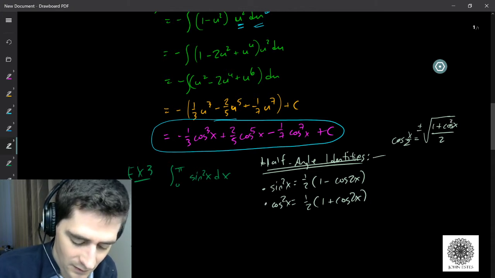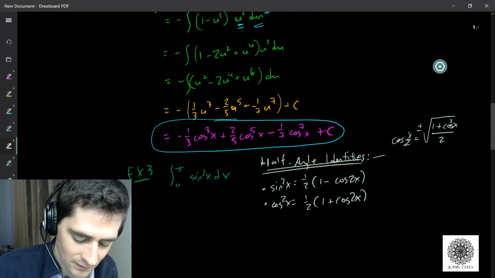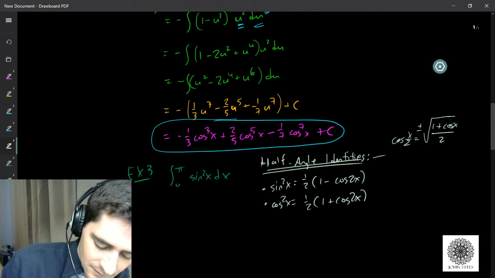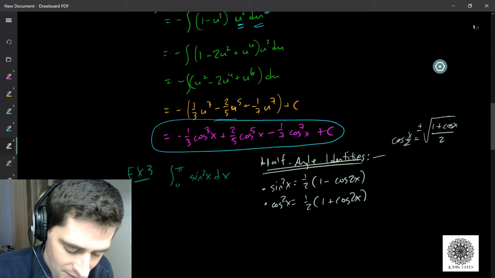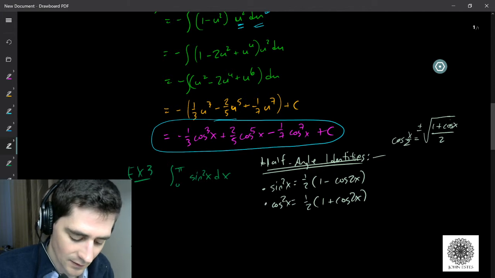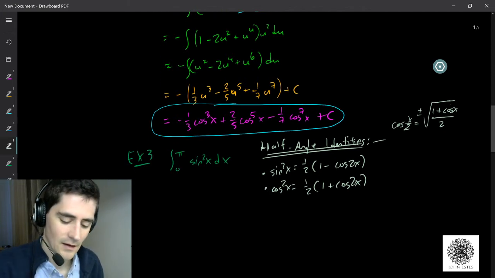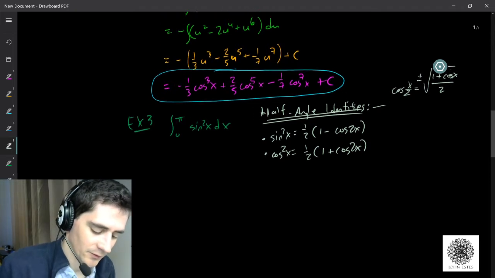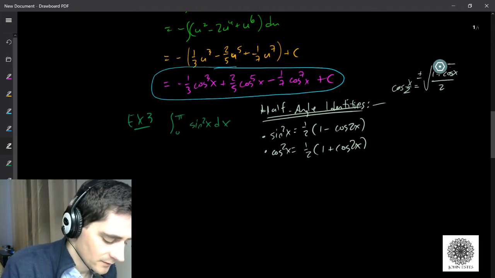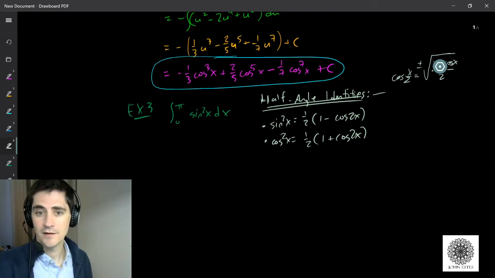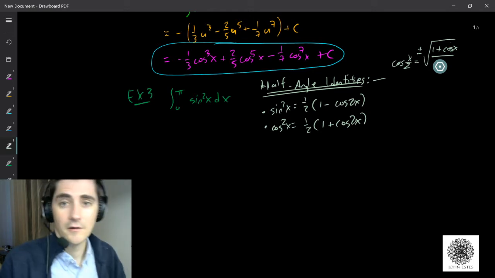So what we're doing here is rearranging this to solve for cosine squared of x over 2. Actually, all we did was square both sides of this equation, and you get to what we have here. Don't worry too much about it. We're not really going to focus a lot on that, other than we're going to apply it to rewrite sine squared into something we can integrate.